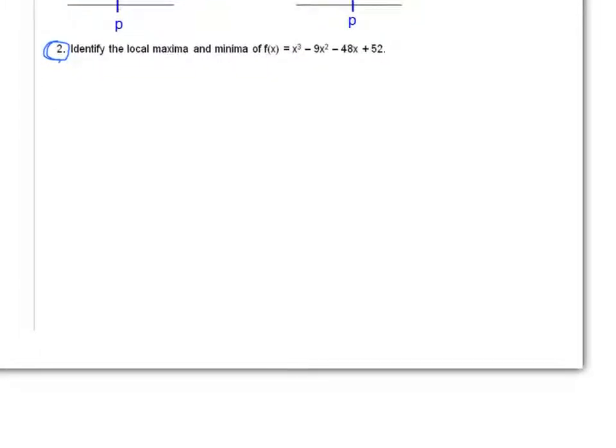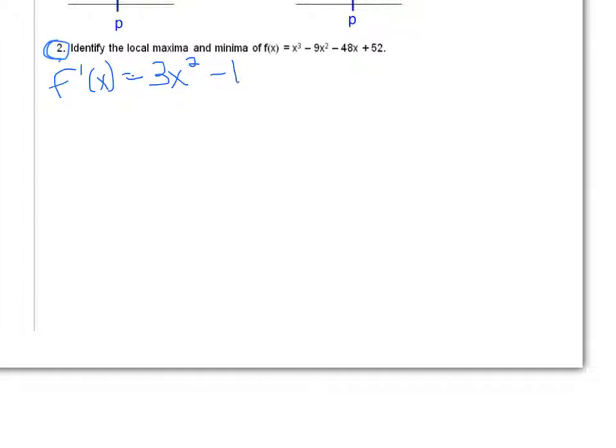So for number 2, we want to identify the maxes and the mins. The first step is always find your first derivative. So we're going to use our power rule. Then we're going to set our first derivative equal to 0 because we want to find the critical values, which is when the first derivative equals 0.